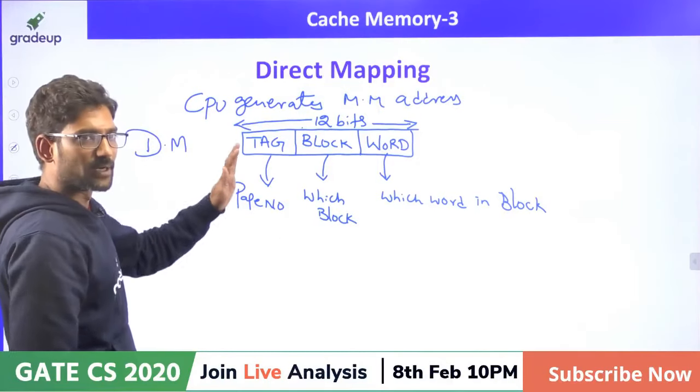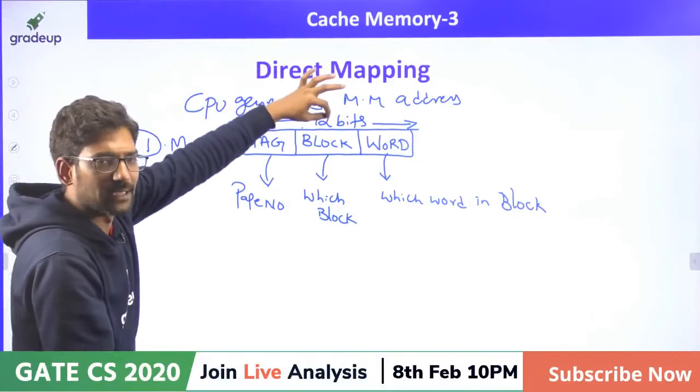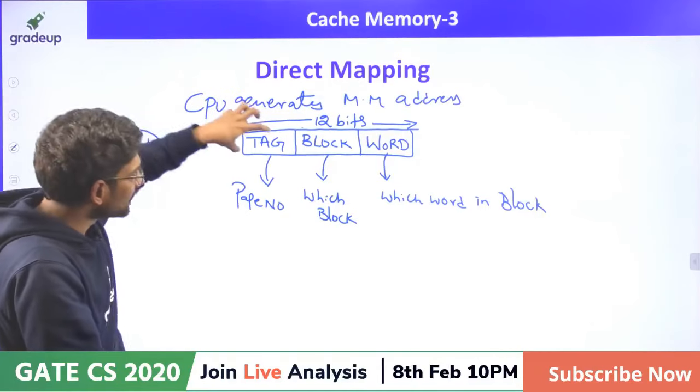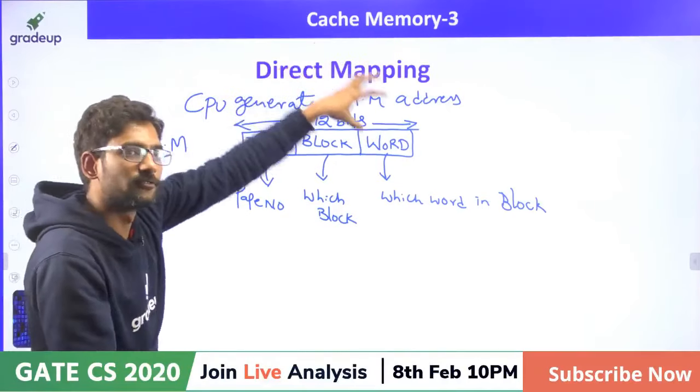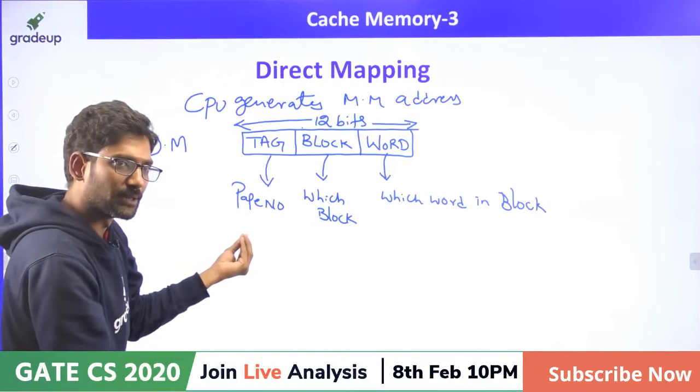So this is very important. You should note this. The CPU generated main memory address, the DM cache interprets as tag, block, word. What does tag indicate? Page number.